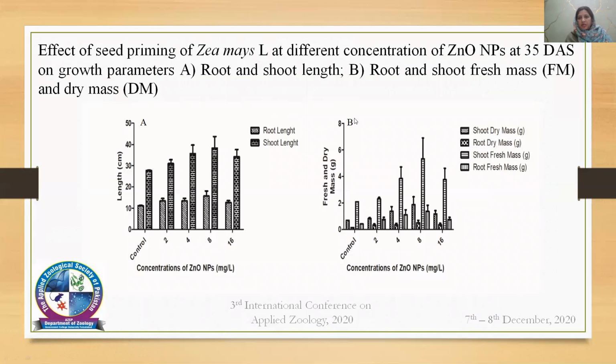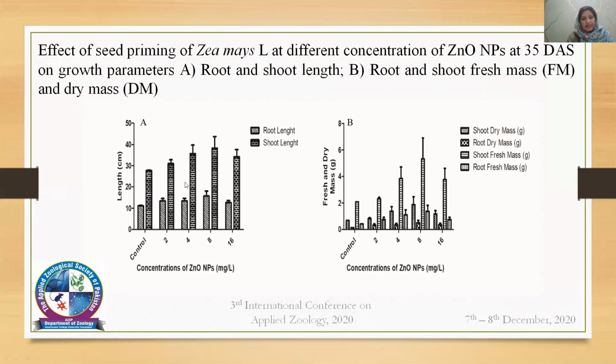different growth parameters were determined, and here in this picture we see that after priming with the different concentrations of the nanoparticle, the root length and shoot length of the plant have increased as compared to the control, and the same is the case with the shoot dry mass, root dry mass, and shoot and root fresh mass.